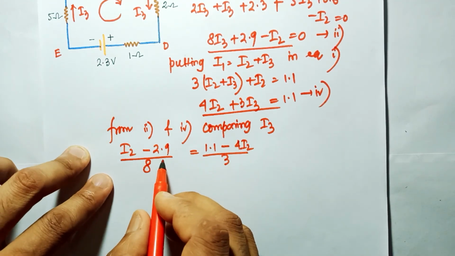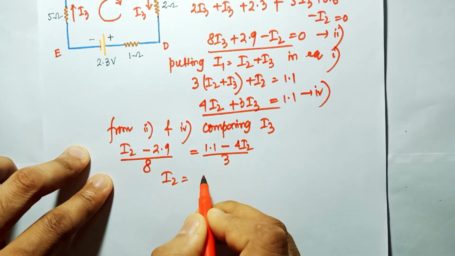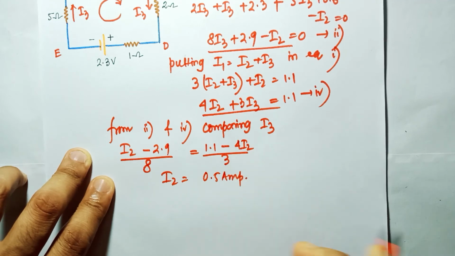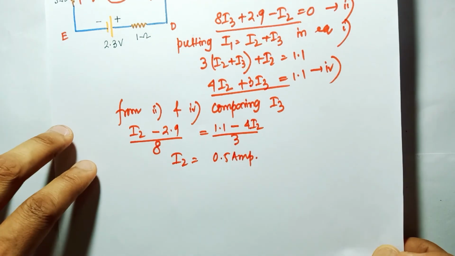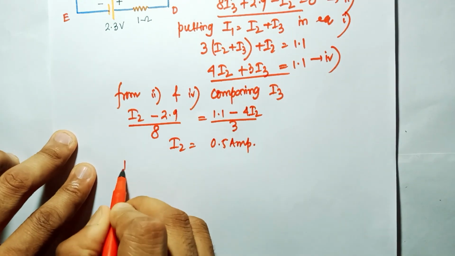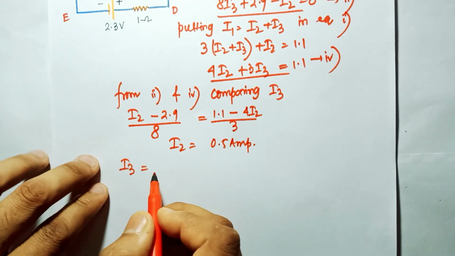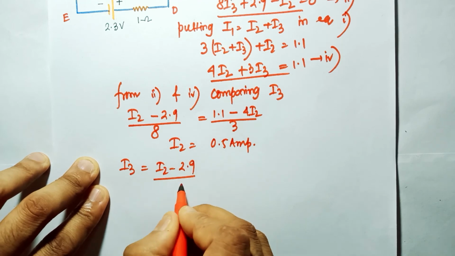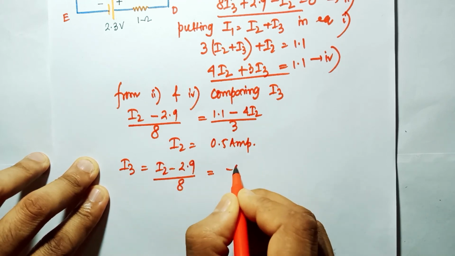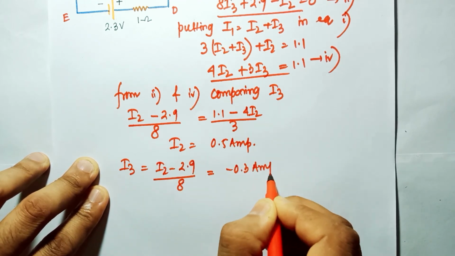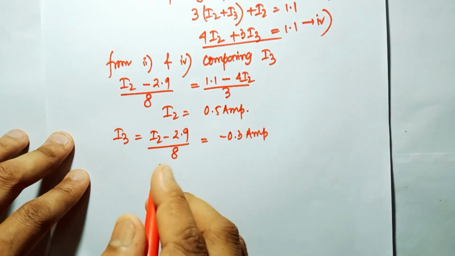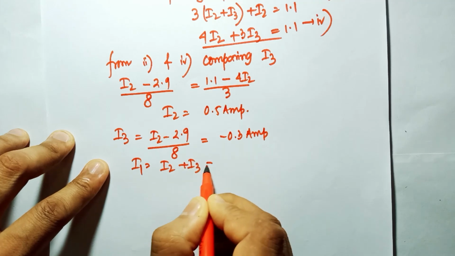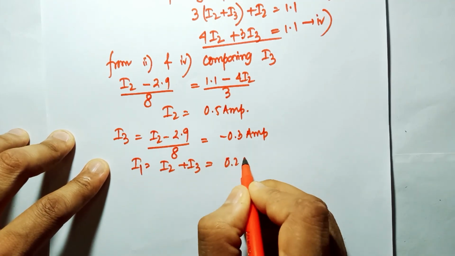So we get I2 is equal to 0.5 ampere. Similarly we will get I3 is equal to I2 minus 2.9 divided by 8, so it will be minus 0.3 ampere, and we can get that I1 is equal to I2 plus I3 is equal to 0.2 ampere.